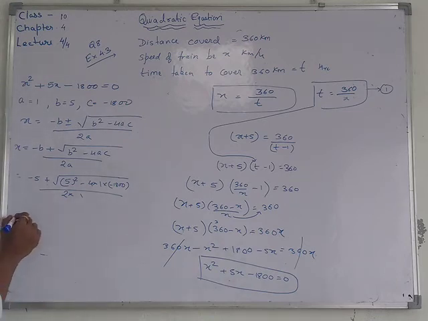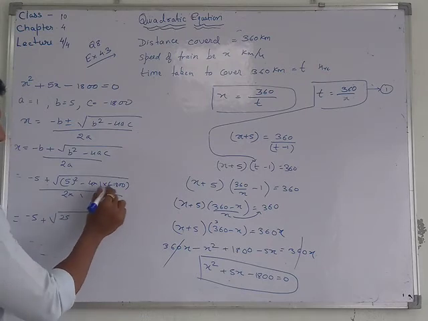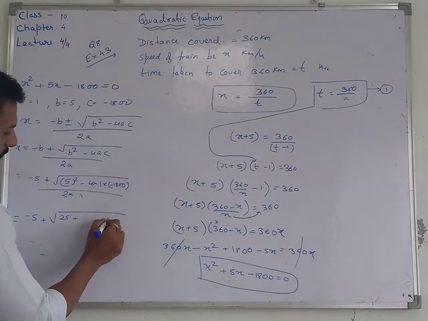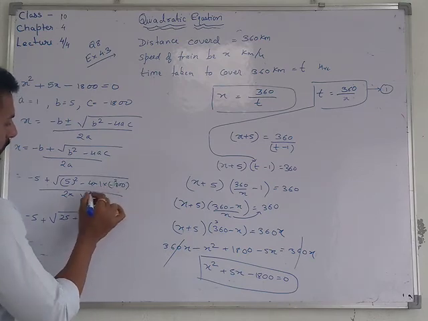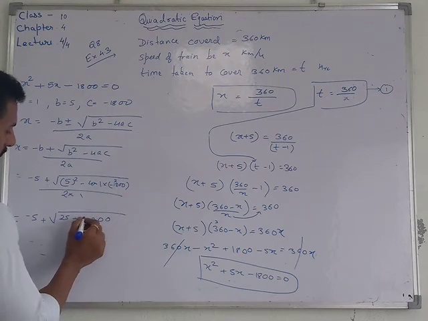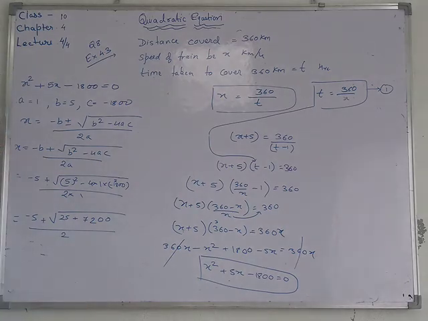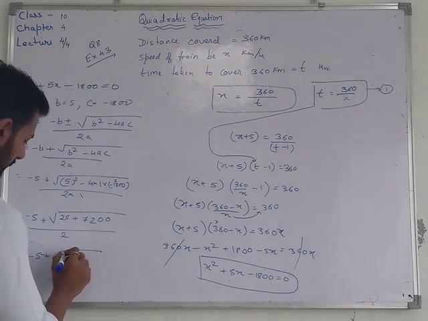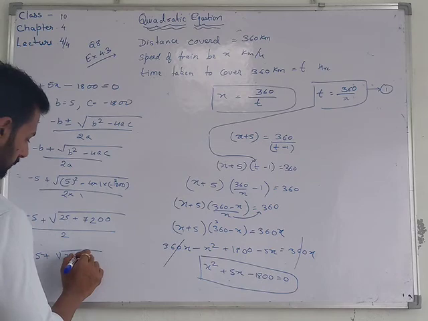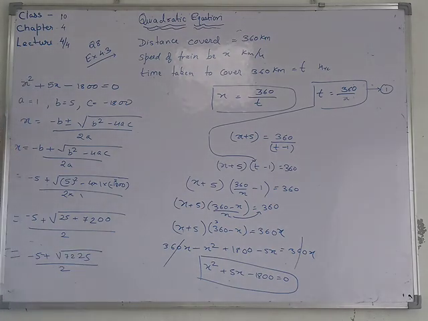Solving this, we get minus 5 plus under root of 25 plus 7200 upon 2, which is minus 5 plus under root of 7225 by 2.